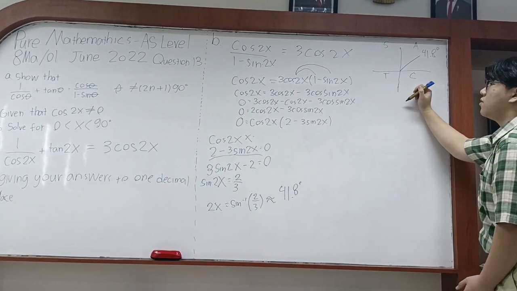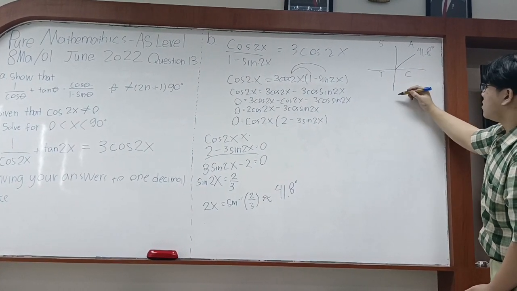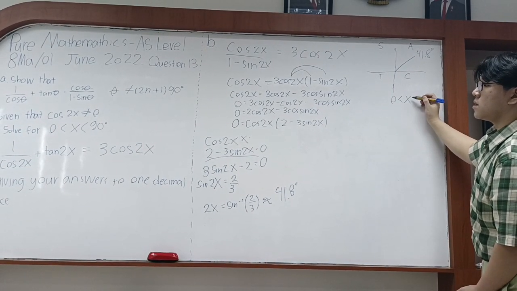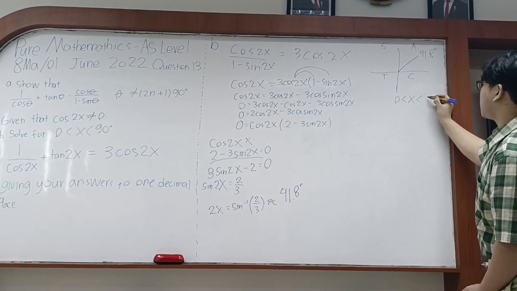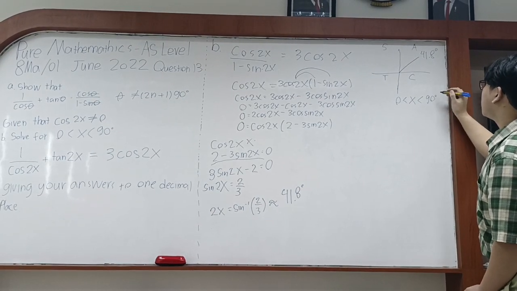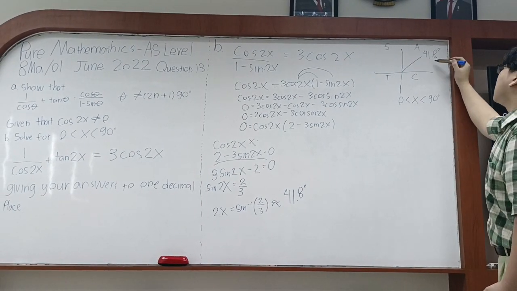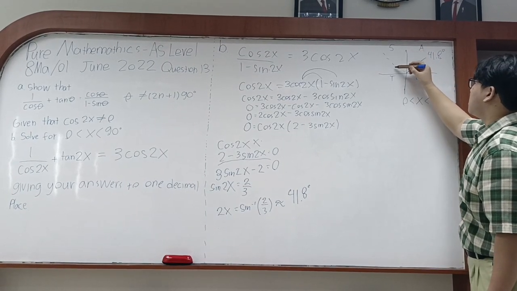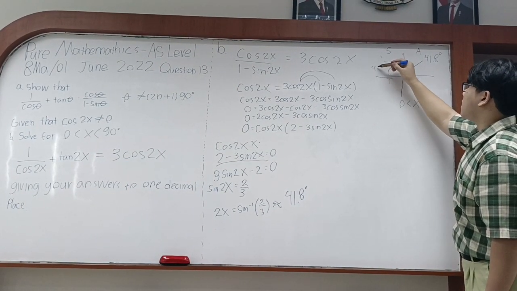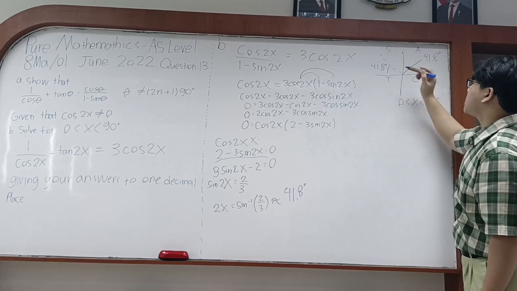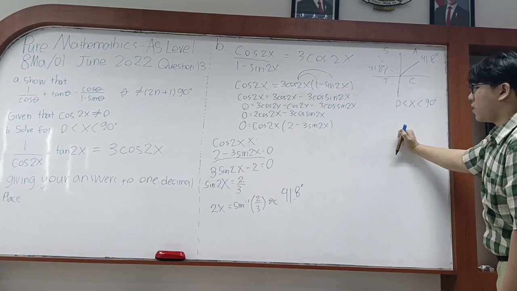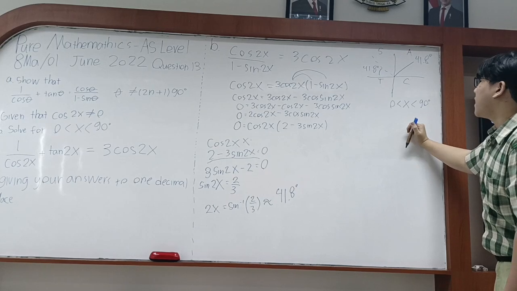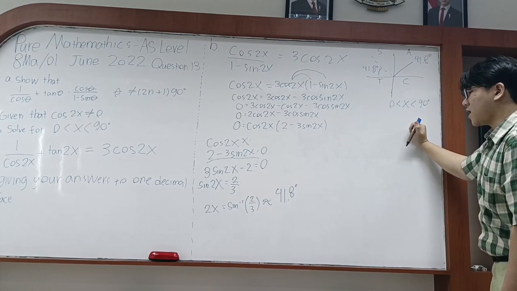Where we know that the domain is 0 is less than x, which is less than 90 degrees. Therefore, we know that this right here will be 41.8 degrees. So what this gives us is that one of the values here will be in the second quadrant.